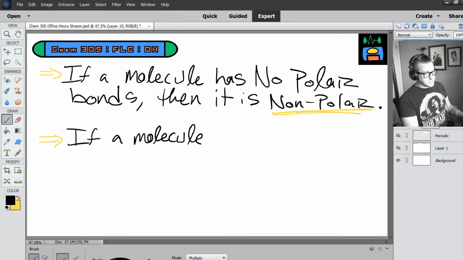So Lorenzo just asked, no polar bonds means that you have 0 difference in electronegativity. Nonpolar.